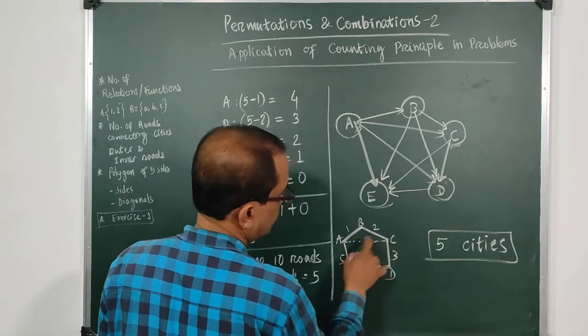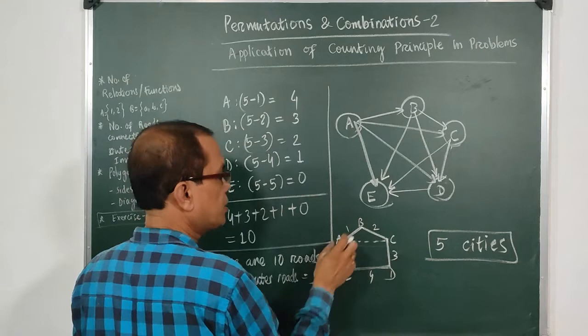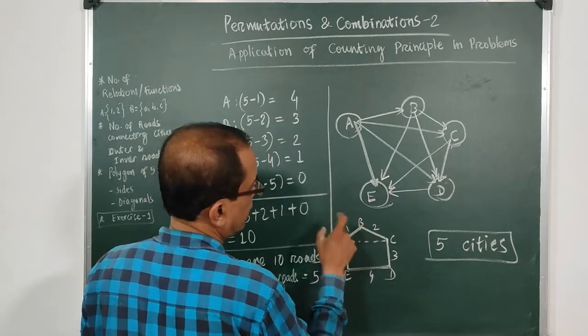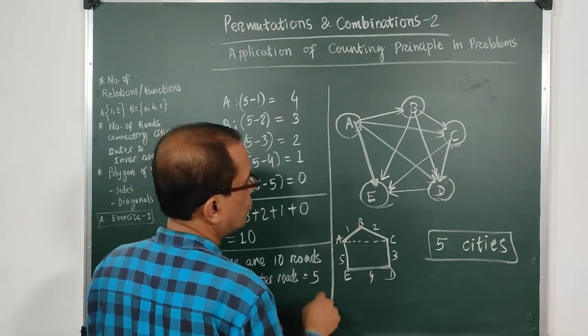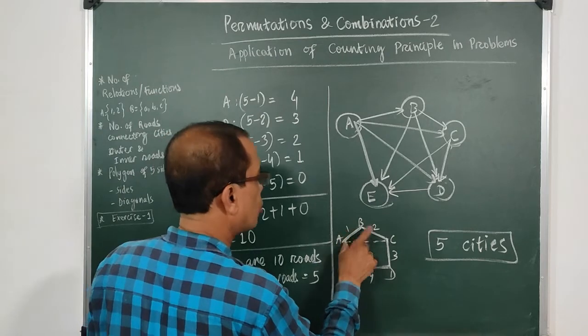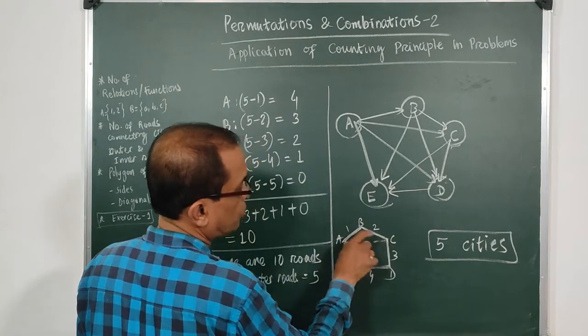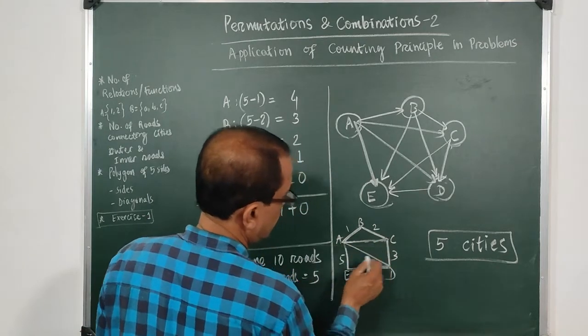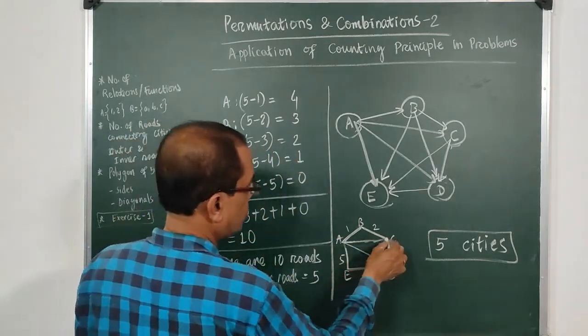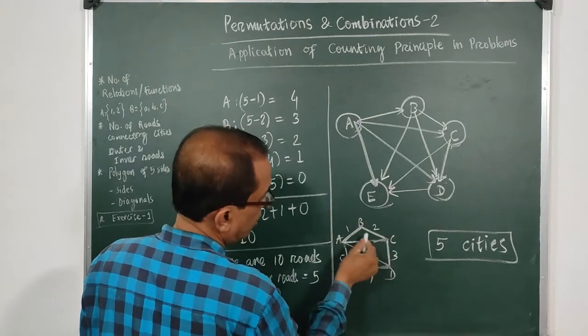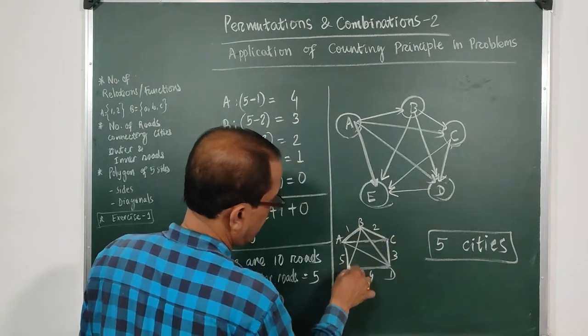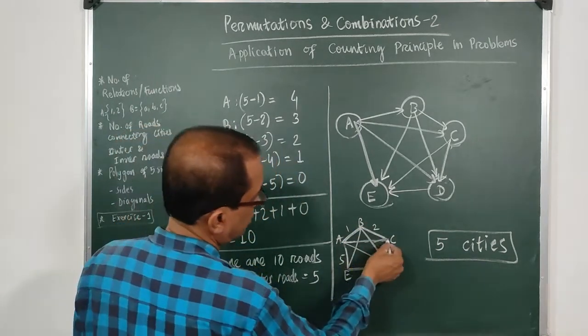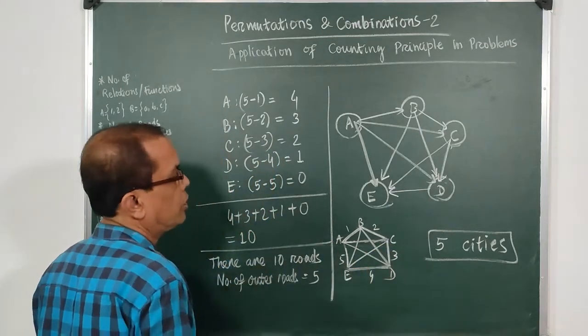A to C, you know that the immediate city has the side, that is the outer road, but the roads that connect the alternating ones, one after the other: from A you will have C and D, 2. From B you can have D and E, another 2, and from C you can have only 1. So there will be 5.